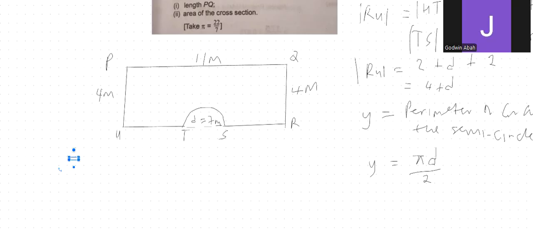Let me increase the text. So the area of the cross section is equal to the area of the rectangle minus the area of the semicircle.